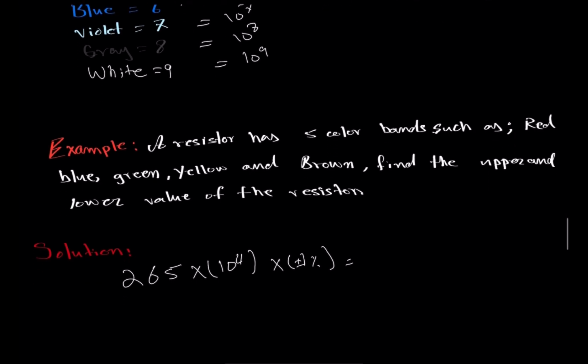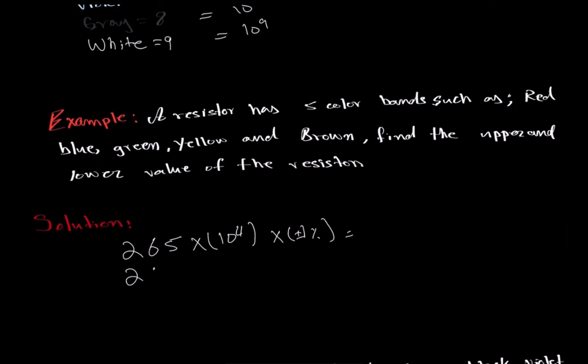So let's find this thing. There will be 265, and 4 zeros will be added there. So that makes 2,650,000 ohms. If you multiply that by 1%, that will give us the upper limit.